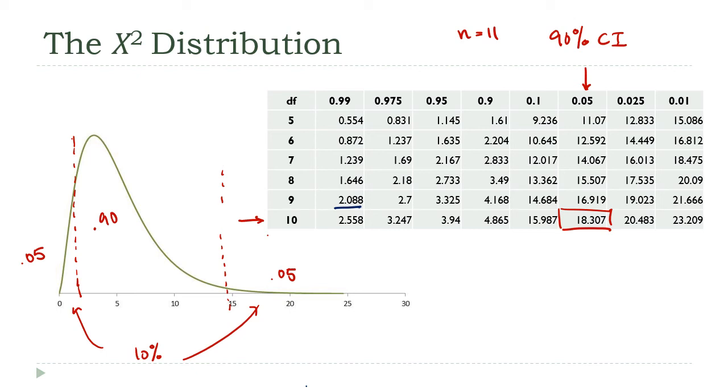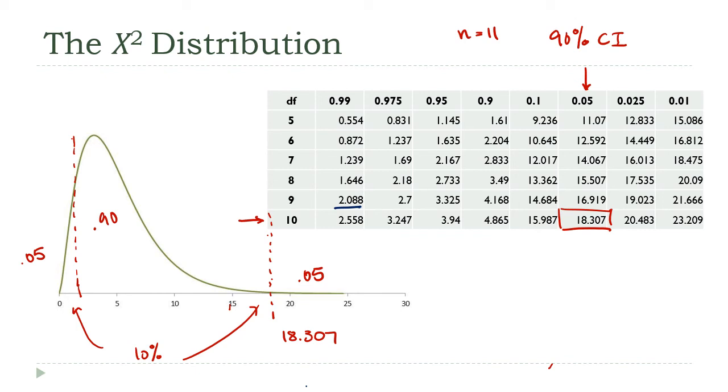Right, so let me amend my line here, get it over where it needs to be. 18.307 is right around here. That tells me that 5% or 0.05 of the area is above 18.307.